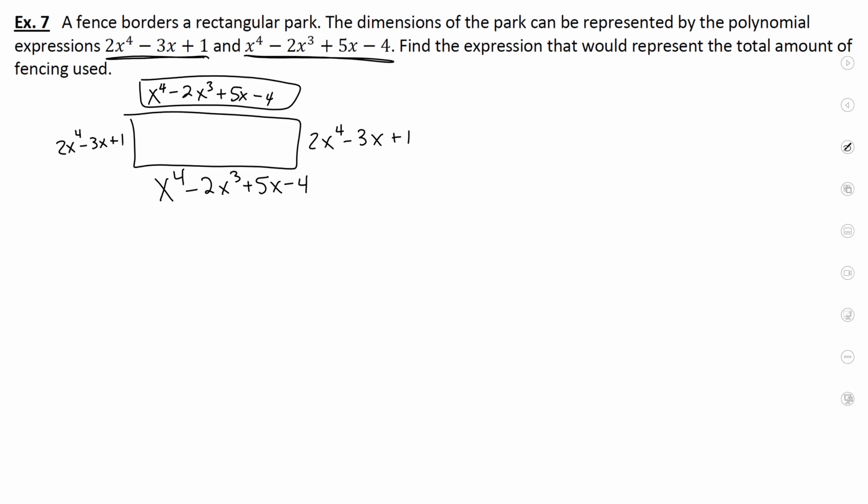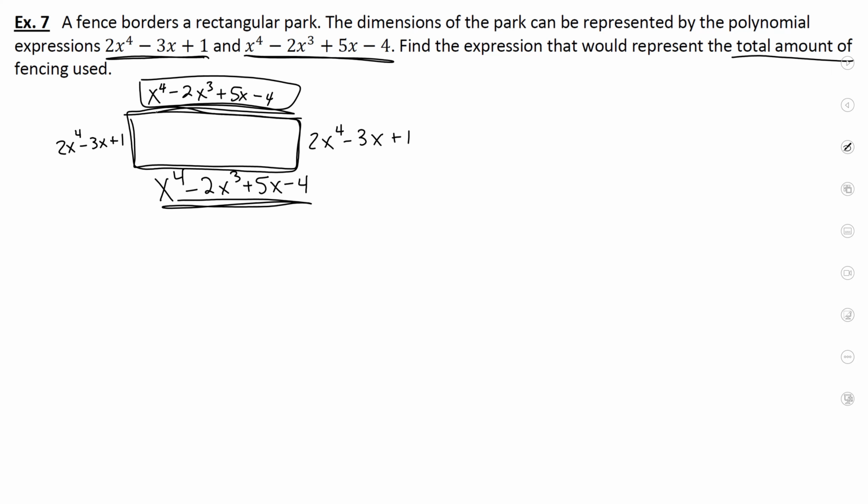Yes. So guys, it wants the total amount of fencing that they're going to use. So guys, if you want a fence, that means you're going to go all around this rectangle, right? That's called perimeter. Okay, that means you add up all the sides. Well, we can do this a little easier. Instead of adding up all 4 sides, don't you see that there's 2 of these?